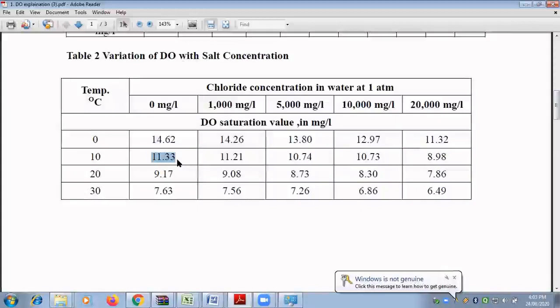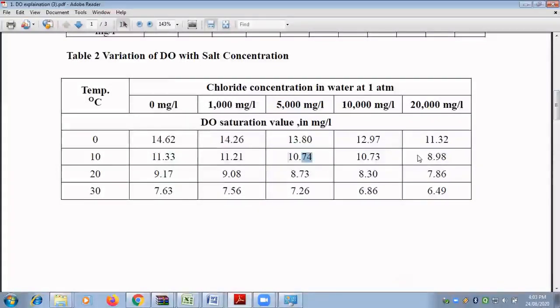Now let's start increasing the chloride concentration and focus upon the DO saturation value. If I increase the chloride concentration to 1000 mg per liter, my DO saturation value gets decreased. It happens to be 11.21. Similarly, if I increase the concentration of chloride to 5000 mg per liter, the DO saturation value changes to 10.74.